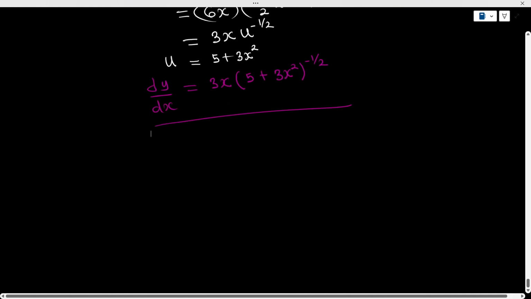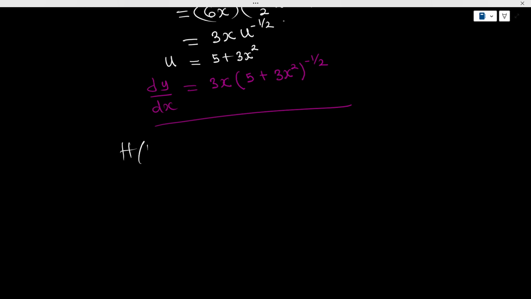Again, let me give you homework questions here for you to practice. Make sure you're using the chain rule to find these answers. So try this.